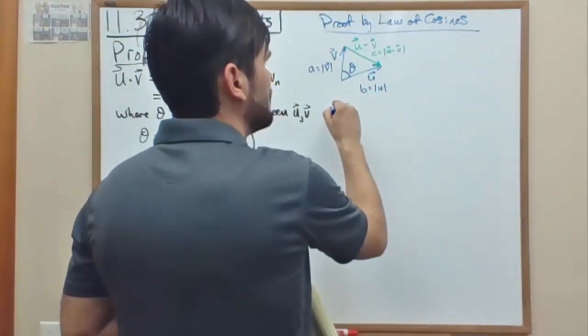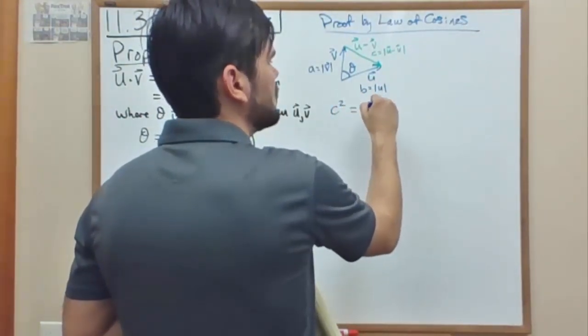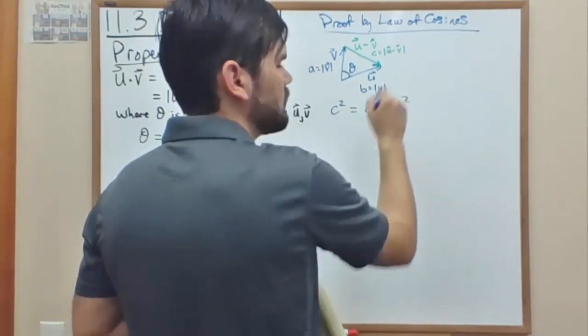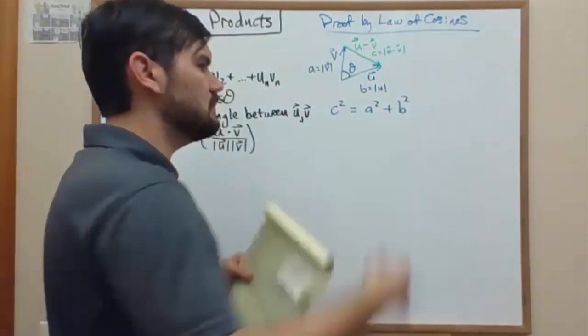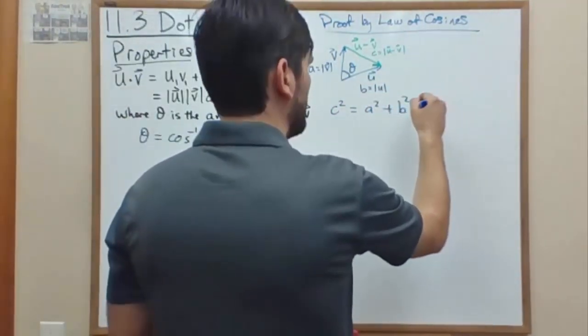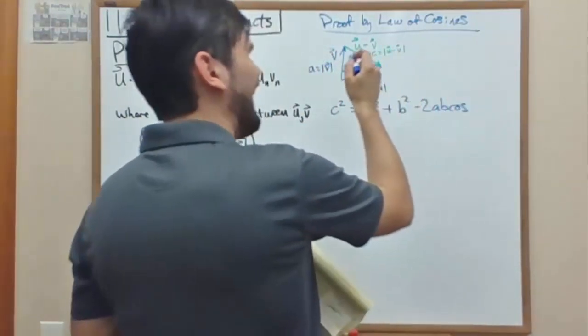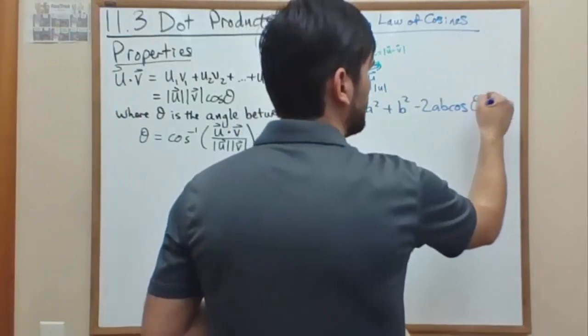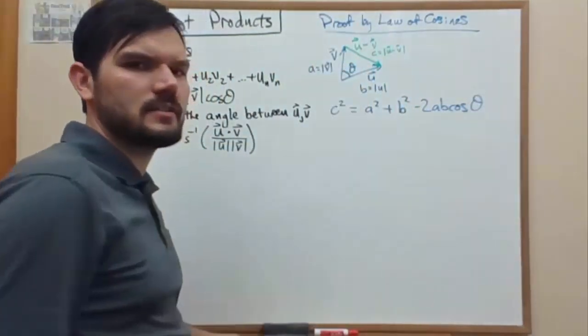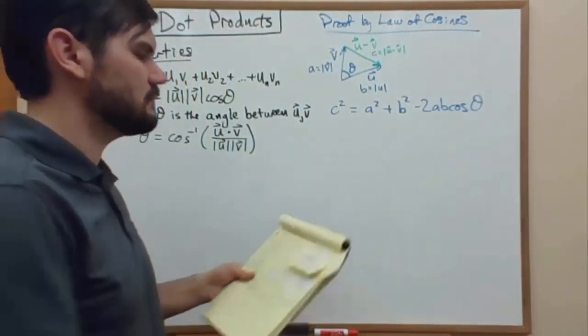Then c squared is equal to a squared plus b squared, which is our Pythagorean theorem, with the modification minus 2ab times the cosine of the angle across from the side c.